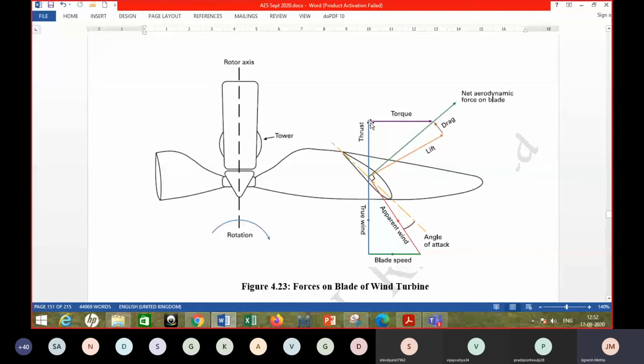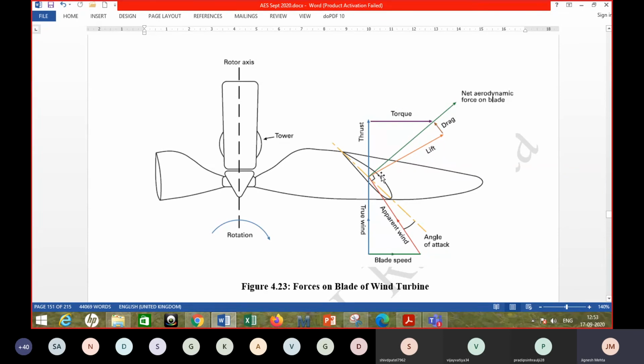The other force is responsible for producing the torque, which is perpendicular to the blade and also perpendicular to the rotor axis. You can consider it to be in the vertical direction because the whole thing will be rotated by 90 degrees. That is the useful force that you are generating.